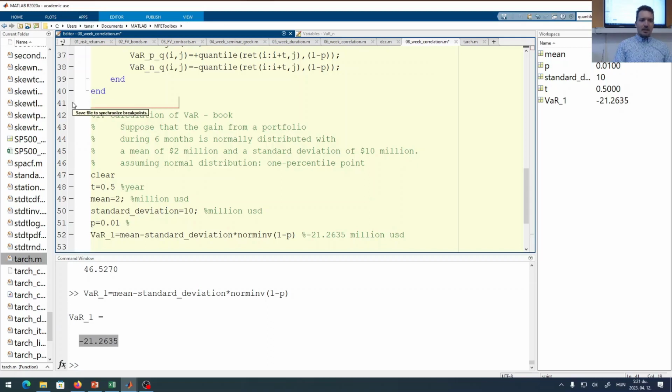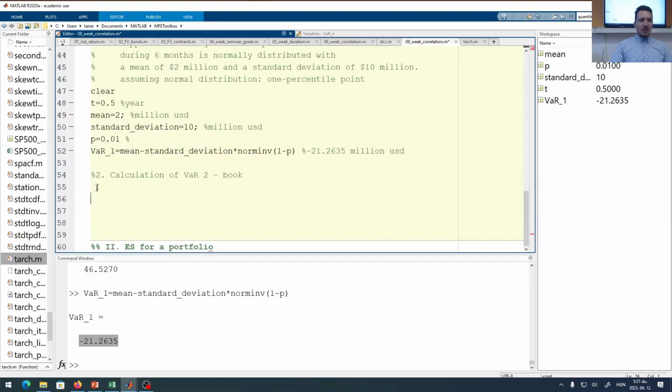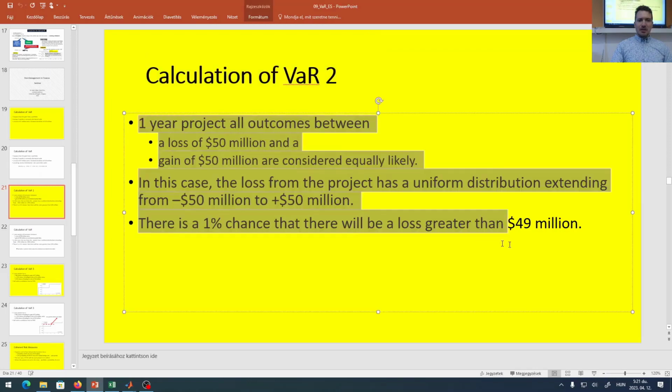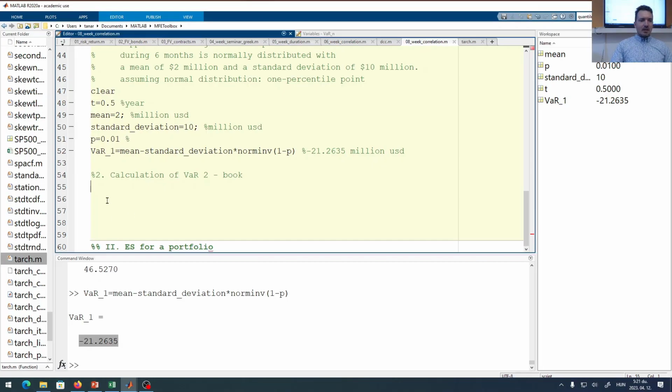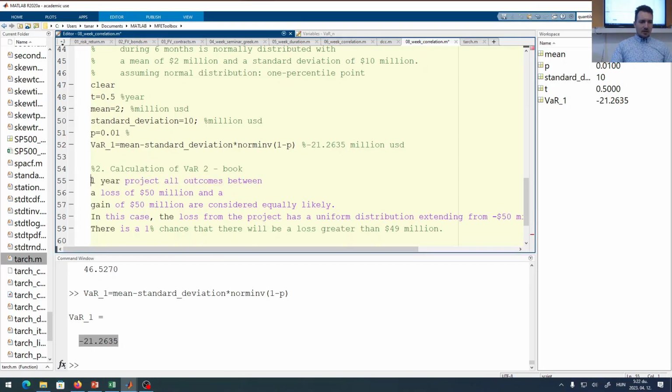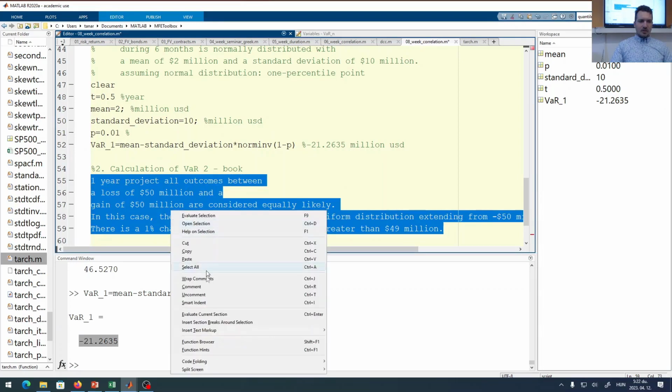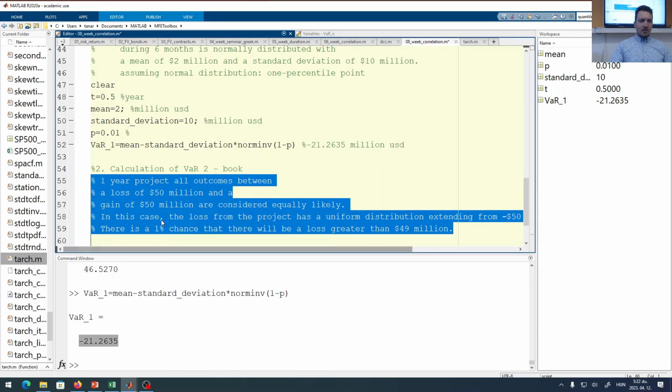If I'm writing here a flat line, then the script also stops here, so maybe this is the most elegant solution. Create barriers between the different parts. Okay, let's comment them.